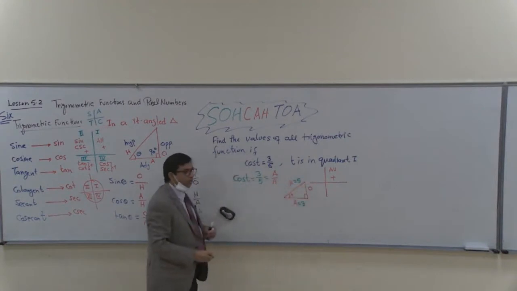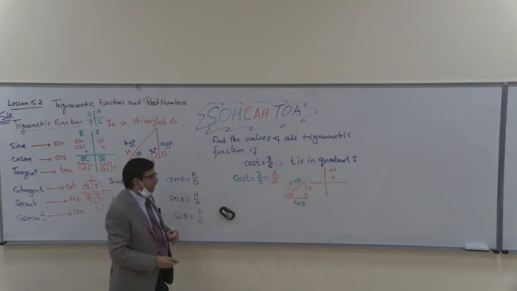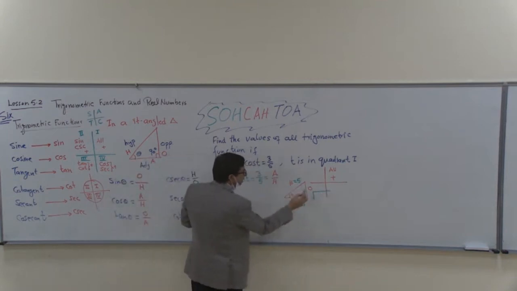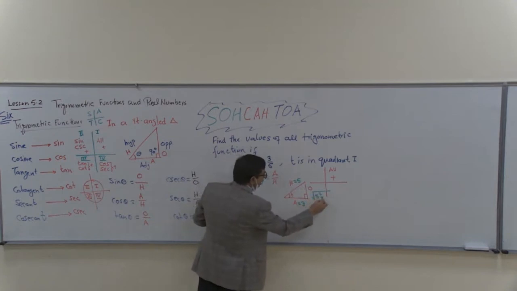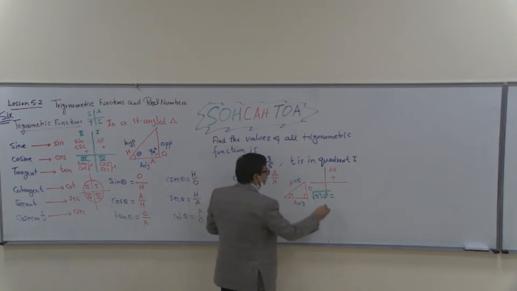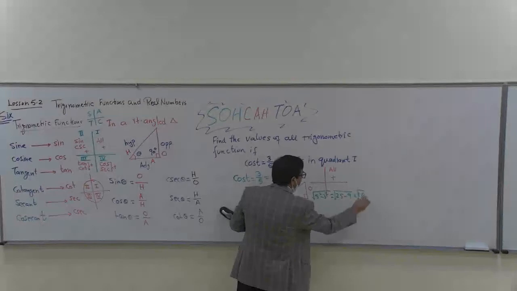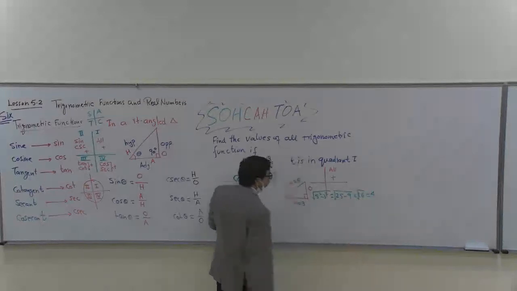And how to find O? Pythagorean theorem. Any side like this is this number square: 5 square minus 3 square is equal to 25 minus 9, 16, and the square root of 16 will give you 4.